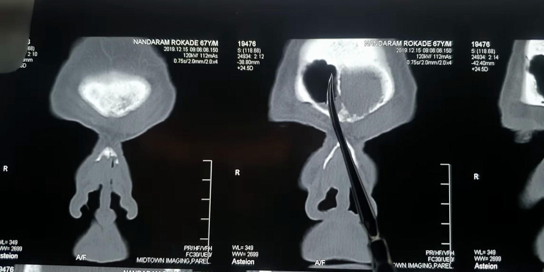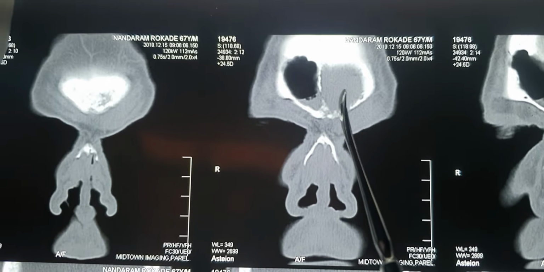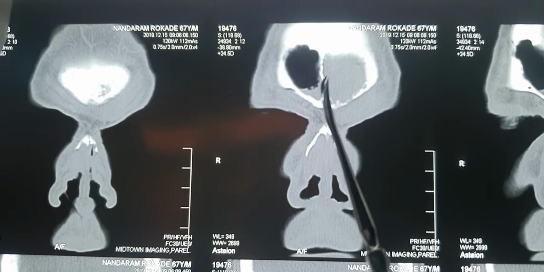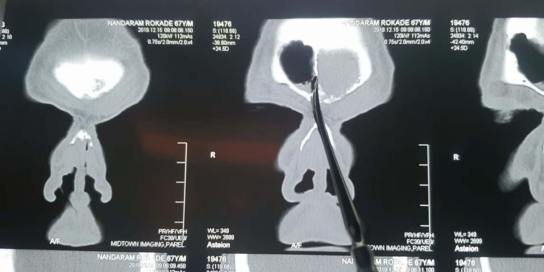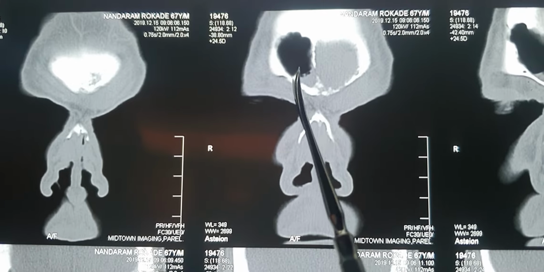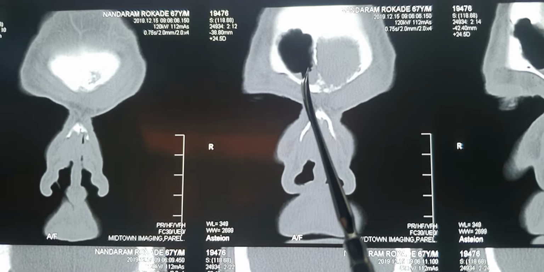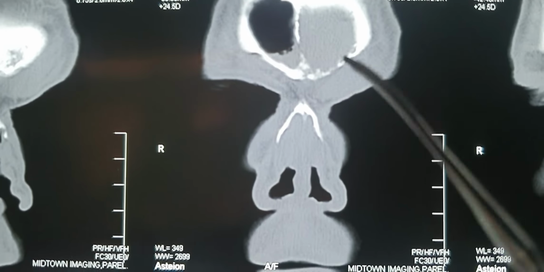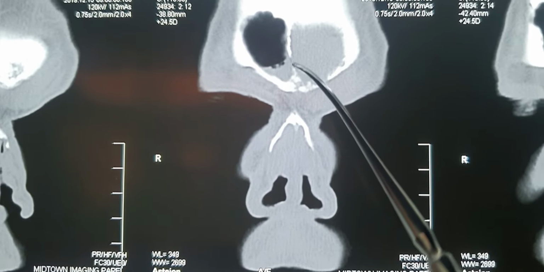So as you can clearly see here, this side of the frontal sinus is completely opacified with a little bit of erosion in the interfrontal sinus septa, and minimal collection on the right side towards the floor of the frontal sinus is easily visualized. As you can see here, the interfrontal sinus septa is eroded.